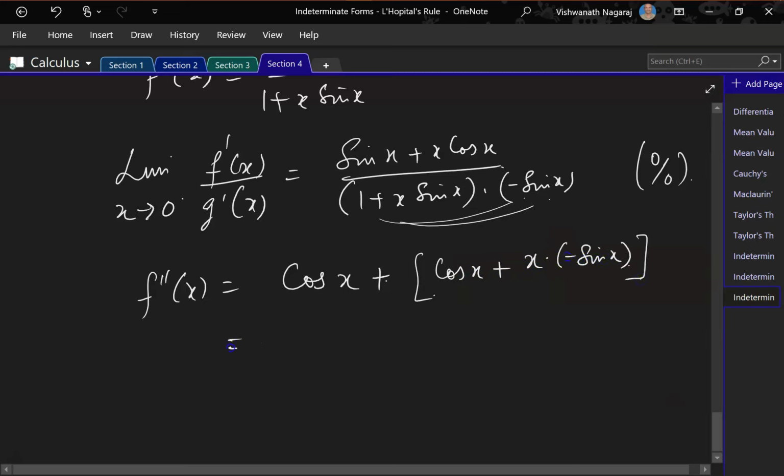Okay, let's simplify this and see where it takes us. Plus cos x minus x sin x, which is 2 cos x minus x sin x.